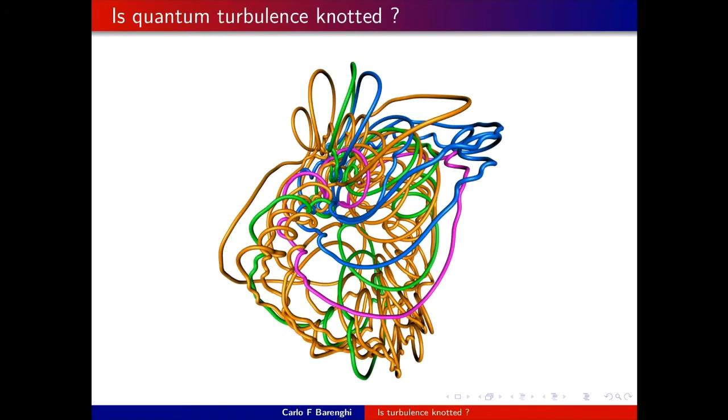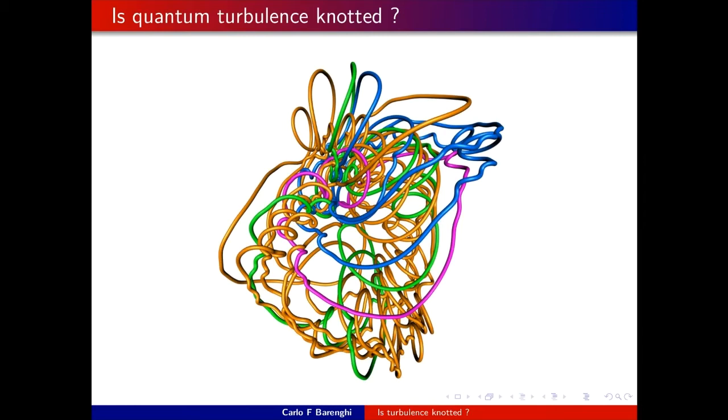And here I have a third snapshot. This picture was produced using KnotPlot, which is quite good for this kind of representation. Each color is a particular vortex line. You see, for example, some kind of spiral on the left, which is actually a Kelvin wave, which has been excited by the interaction with the other vortices. You see some kind of long loops, like the golden color loop, which seems to fill the entire system, and there are also some shorter loops.